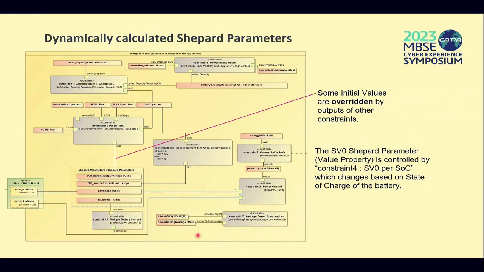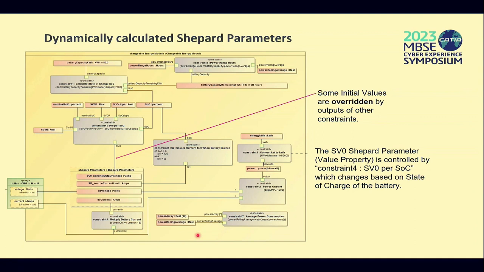Now this is a look into the parametric for the battery pack itself. And one thing to point out here is that even though this value, which was set in that instance table, had an initial value, it is actually going to change dynamically during the simulation using these other constraints that feed into that.